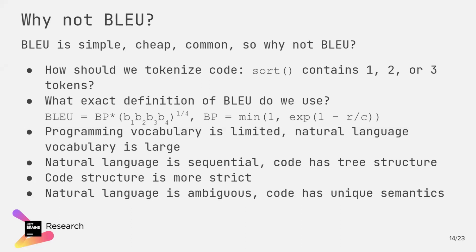The second issue is with the exact definition of BLEU. As I've said, there can be variation in the smoothing function. There can be variation with the weights, so we may want to take B1, B2, B3, and B4 in different powers. There also may be different cutoffs for the number of n-grams that we consider. For example, we can consider only 1 and 2 grams.